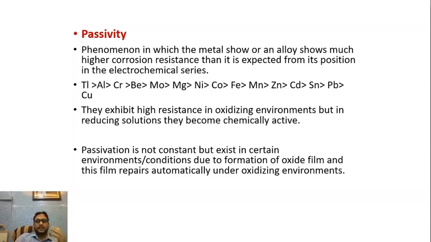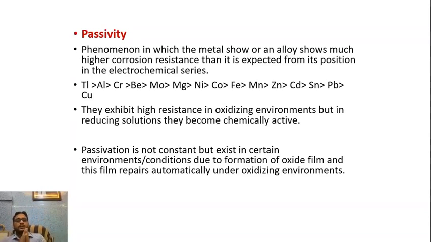For example, as I told you just now, in oxidizing environment, because of free supply of oxygen, they react with it and form a layer which protects the metal from corrosion, while in reducing environment this is not the case. So passivation is not always a constant property, and metals do not always show passivation.